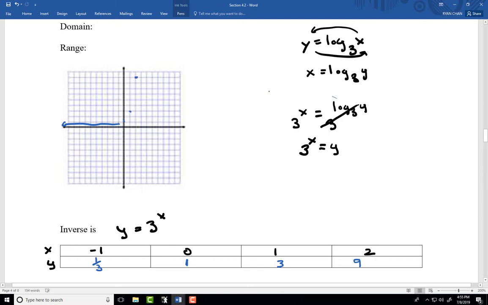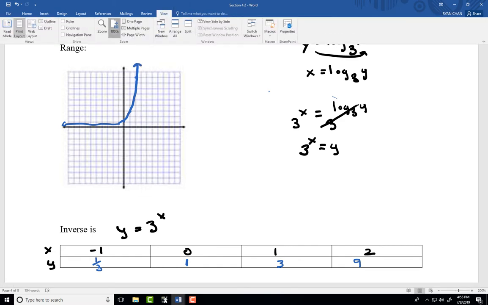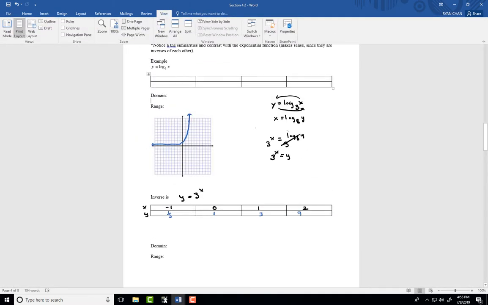So let me zoom out a little bit. Let me go back to 100. So remember, I graph my exponential function, which is pretty straightforward.